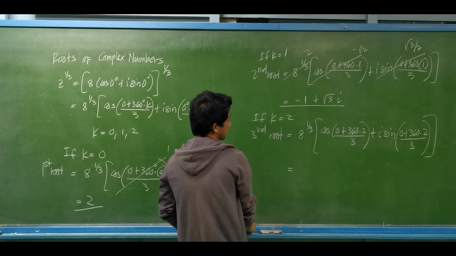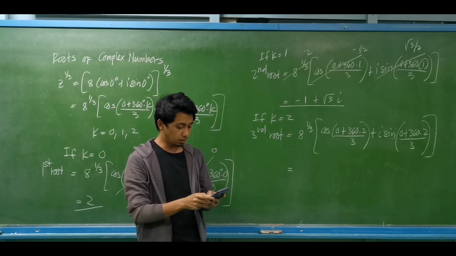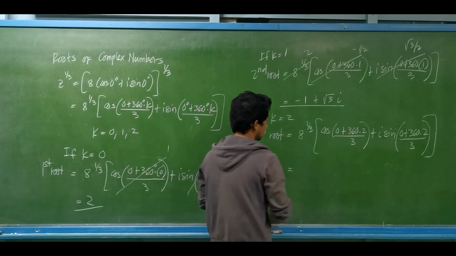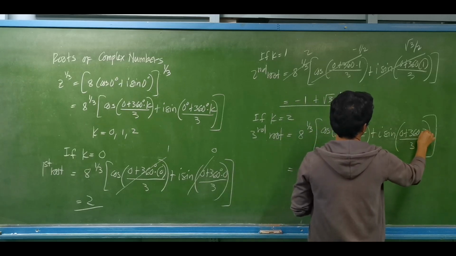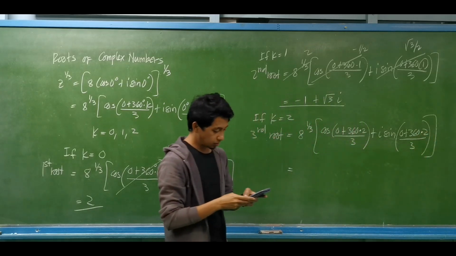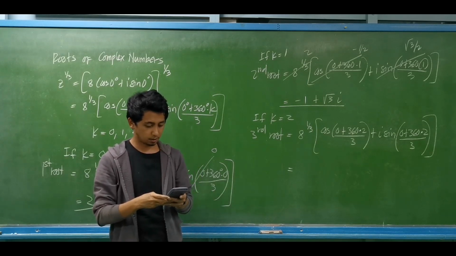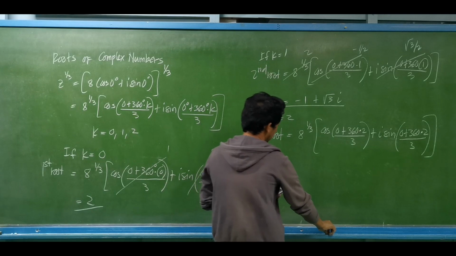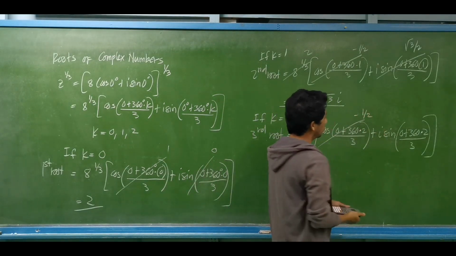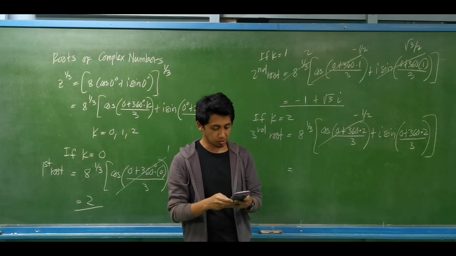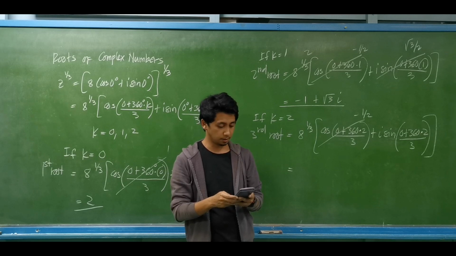Let us determine these values. What is the cosine of 360 multiplied by 2 over 3? That is the same as negative 1 half. And this one is the sine of 720 divided by 3.